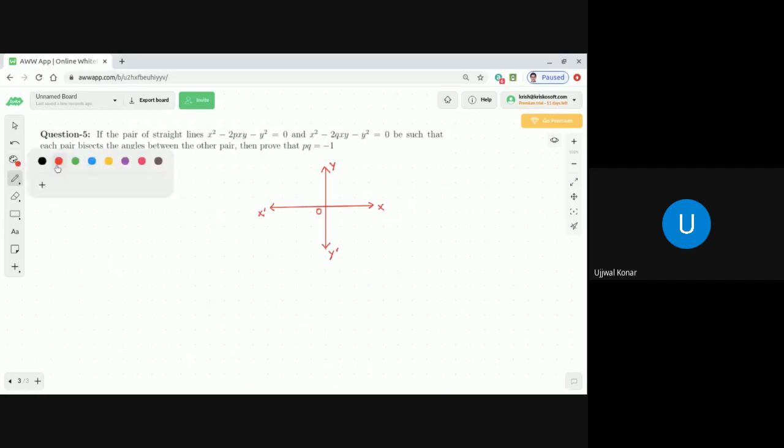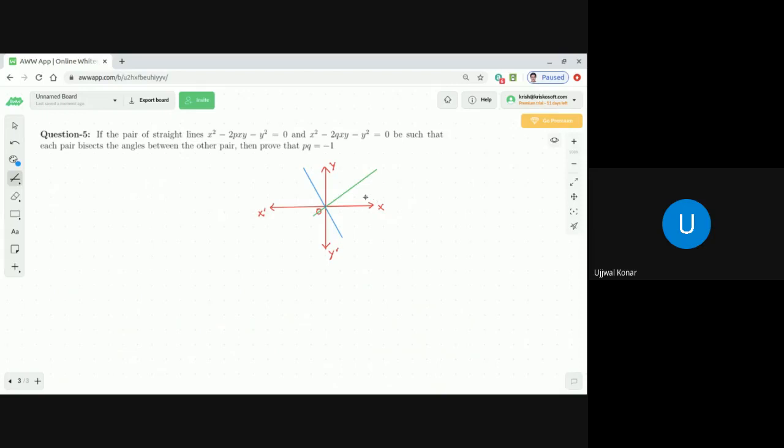So what are those two straight lines? Let us draw one in green color and one in blue color. So this is one straight line. Okay, and another straight line, that I can draw in the blue color. Suppose another straight line is something like this.